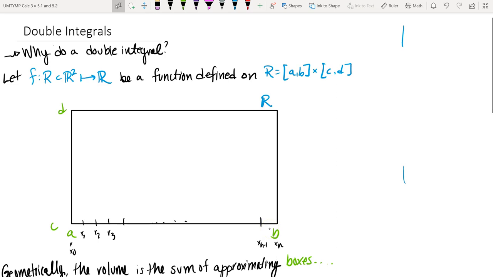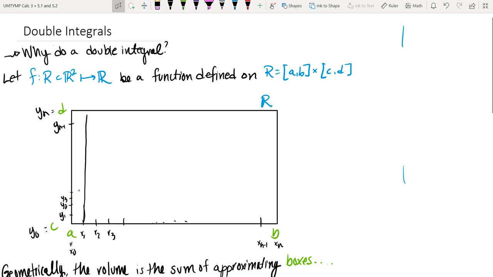Similarly, we have to partition the c to d interval, because we're on a rectangle. We would say this is y0, and then y1, y2, y3, and so on, up to y_{n-1}, and then d would be y_n. Then we would make a grid here.